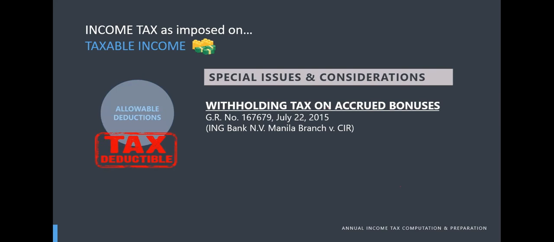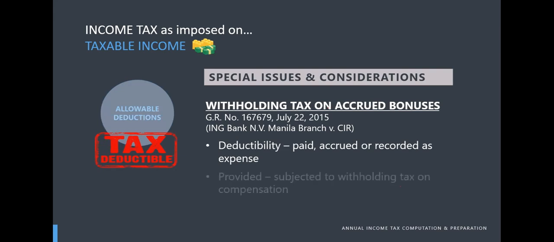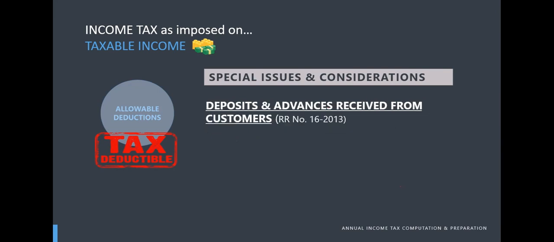Withholding tax on accrued bonuses. Similar application with the accrued expenses. Deductibility is whenever paid, accrued, or recorded as expense, provided that these accrued bonuses must be subjected to withholding tax on compensation. Next, deposits and advances received from customers. Cash deposits or advances shall be booked as income.